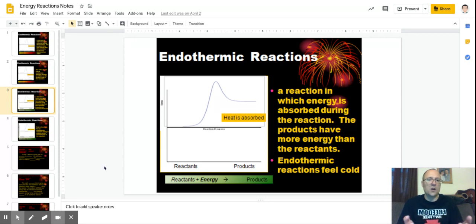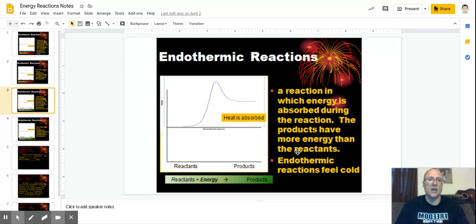It's going to have less water because the sponge absorbed some of that water. It took that water from the bucket. Just like in an endothermic reaction, it takes heat energy from the surroundings. And since the bucket has less water, the surroundings have less heat energy, and that's why the surroundings feel cold. So an endothermic reaction is a reaction in which energy is absorbed during the reaction.